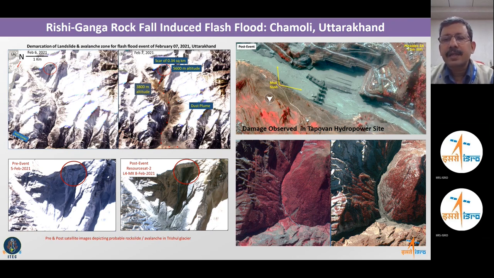It damaged the entire area, including the Tapovan hydropower site downstream, and more than 250 people died. So this is an example of how a rockfall resulted in a flash flood, which killed a lot of people.